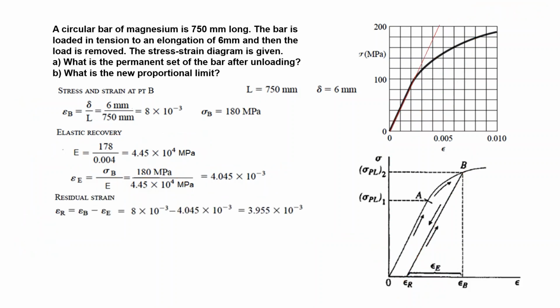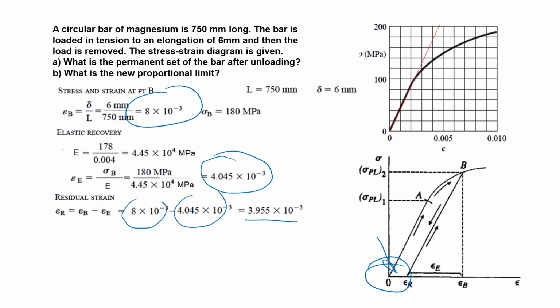Next step is to find the residual, this part. So what should I do? This is my total. This is the elastic portion, which is released. 8 minus this gives you the residual strain. The question is the permanent set. That means how much longer is the new bar.